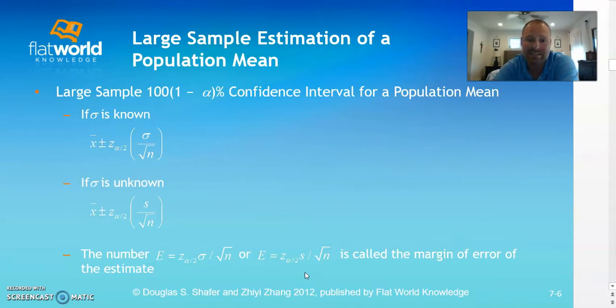So Z sub alpha over 2 times the standard deviation divided by the square root of n, all right? And the only other formula here is if we're talking about the sample standard deviation, S, instead of the population standard deviation. And then this would be called the margin of error.